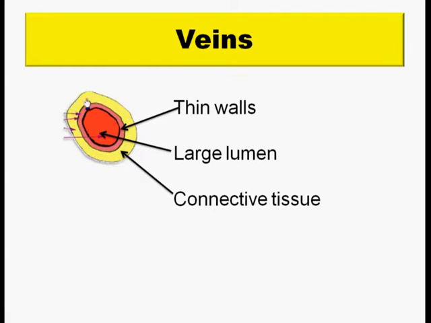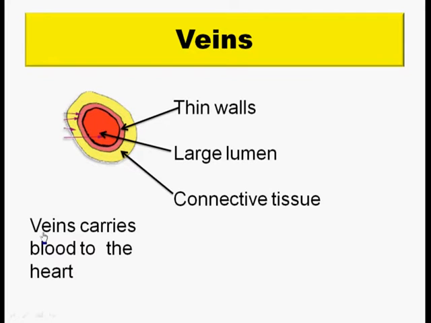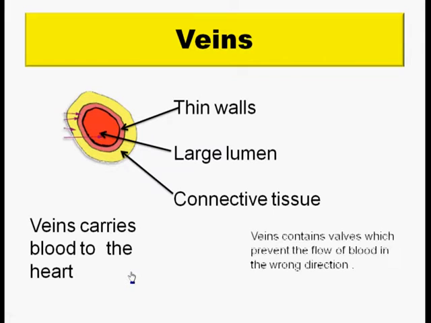And this yellow-looking area is really called the what? Connective tissue. Now, what the veins do, they carry what? Blood to the heart. And inside the veins there are valves which prevent the flow of blood in the wrong direction. So if the blood should go upwards, then the valve will close and allow the blood to flow in one direction, the right direction, and not in the what?